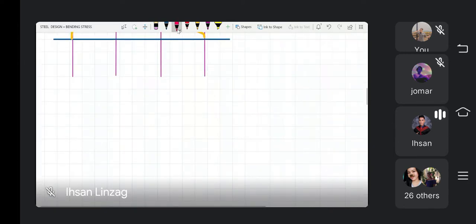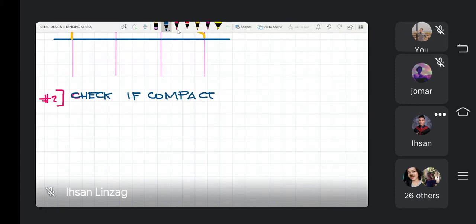Siyempre condition for sa compact satisfy na yan kasi LB natin is 0. So, check if compact na lang.